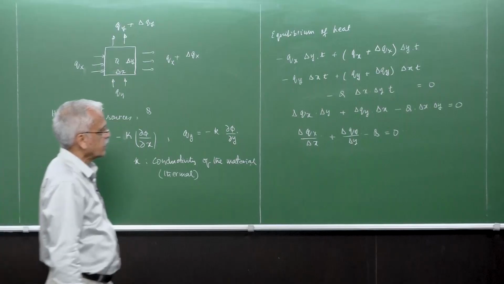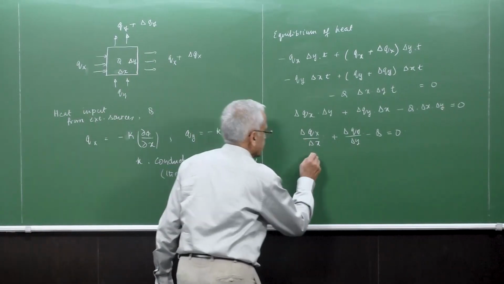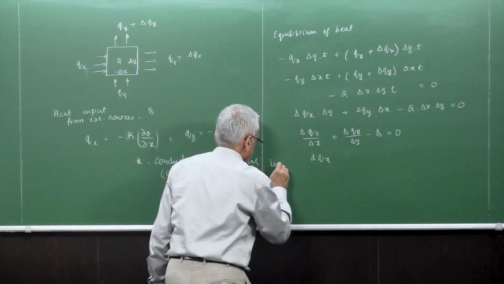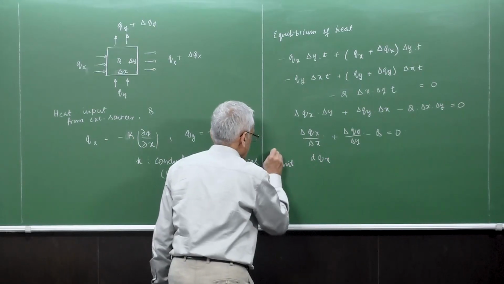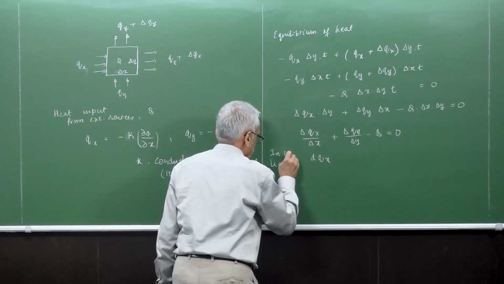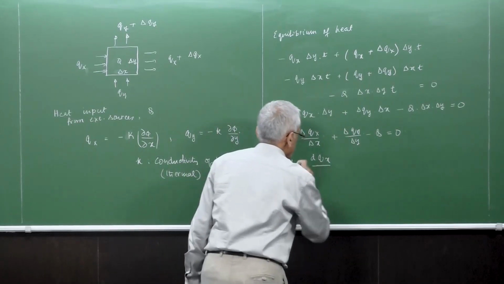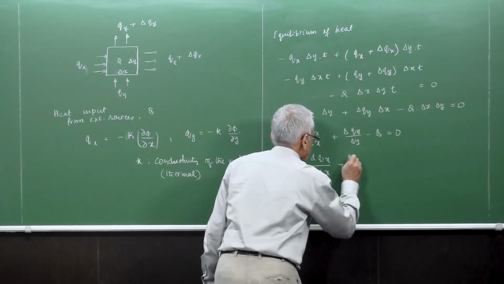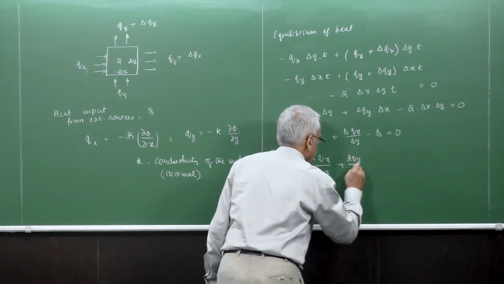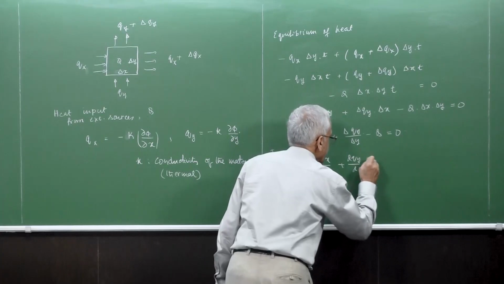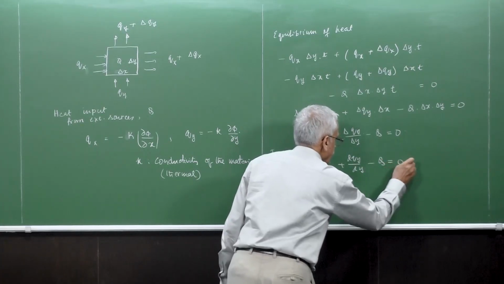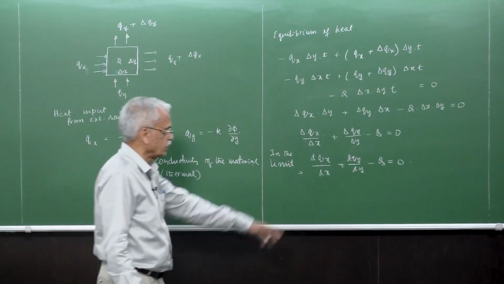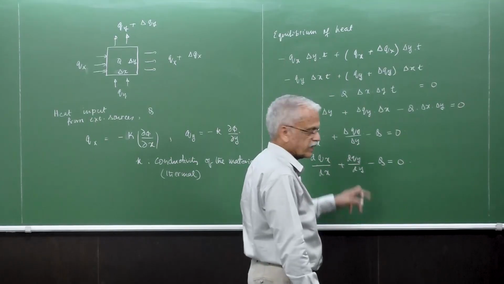In the limit, you can change it to d, into the derivatives. Fine. So this looks like this, and this is using the heat flux Qx and Qy.